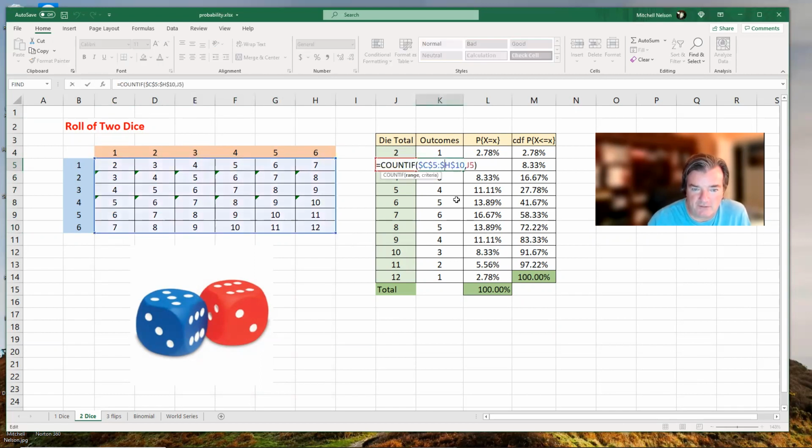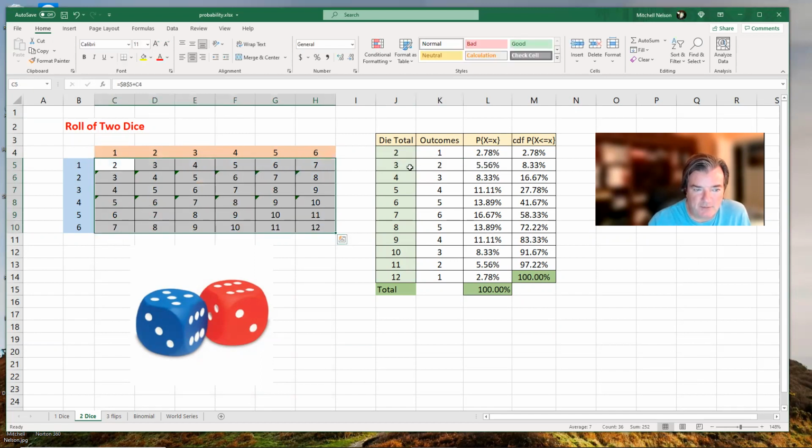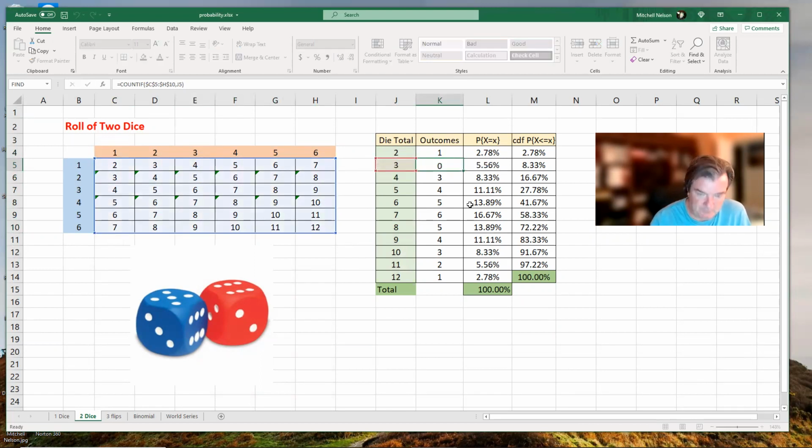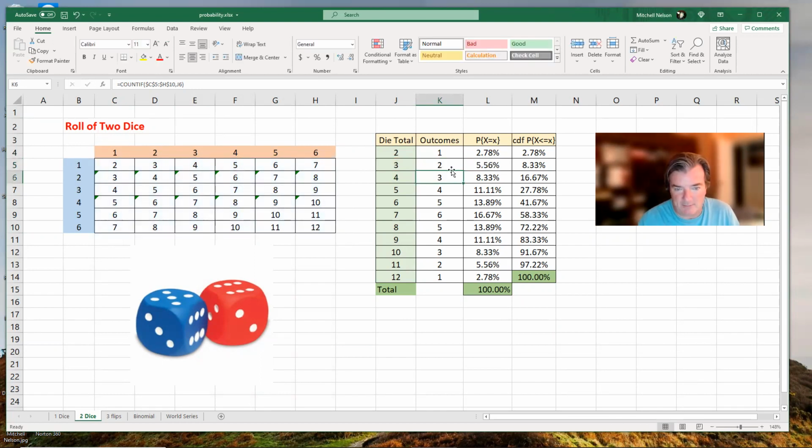Okay, now this formula is saying go through these 36 boxes and count up every box that has a 3 in it, and it'll count up 2 of them. Okay, and then if we make absolute values, putting these dollar signs in front, we can copy this formula all the way through this range. So now we know how many outcomes have this particular value.